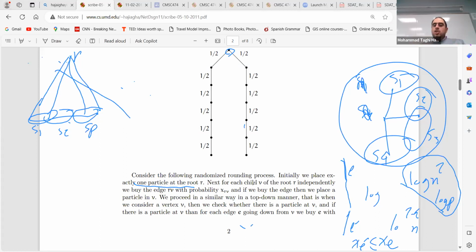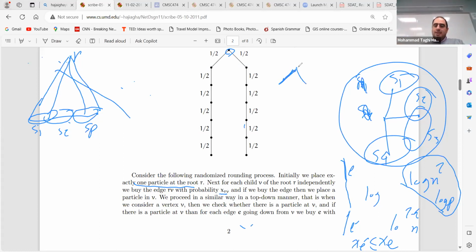Then for each child V of the root R, independently we buy the edge RV with probability X_RV. So this is for root R.